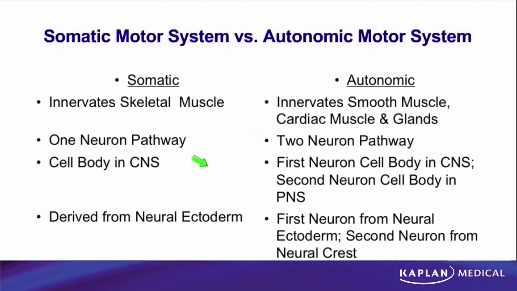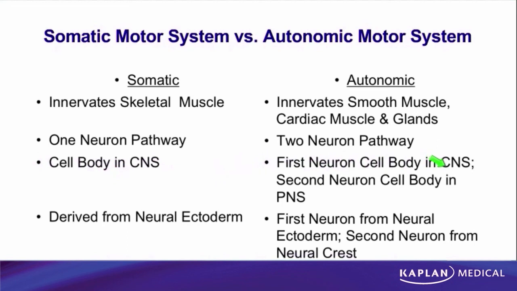In the case of the somatic nervous system, that one neuron in the pathway has its cell body in the central nervous system. It might be in the brain, it might be in the spinal cord, but it's in the central nervous system. In the case of the autonomic nervous system, the first neuron also has its cell body in the central nervous system, again brain or spinal cord.